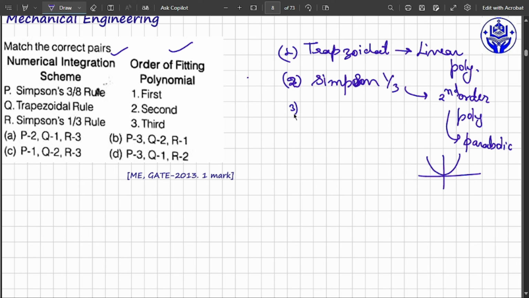And Simpson 3/8 is a third-degree or third-order polynomial. So these will be the orders.